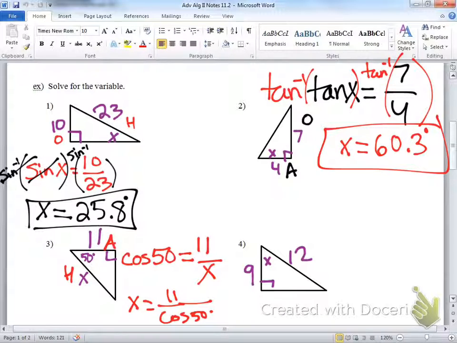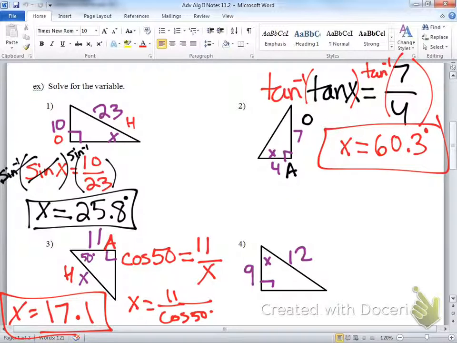What did you guys get? 17.1. We're rounding to just one number after the decimal. Any questions why we use regular cosine and not inverse cosine? You use inverse when the variable is after the trig function. When there's an actual number like 50 degrees, you use the regular trig function.